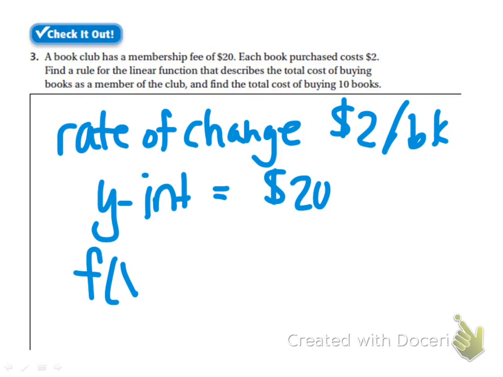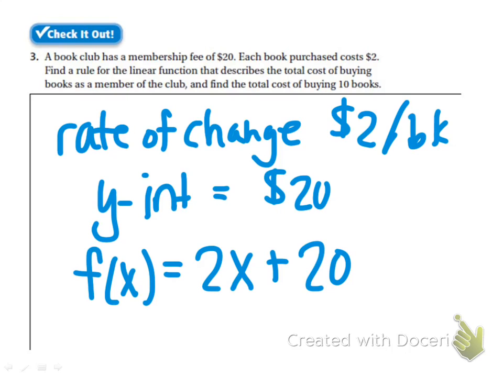So if we wrote our equation, we found that f of x equals 2x plus 20, and that the cost of 10 books is $40.